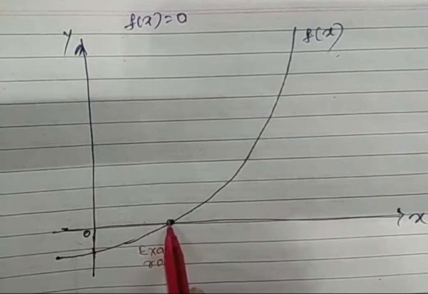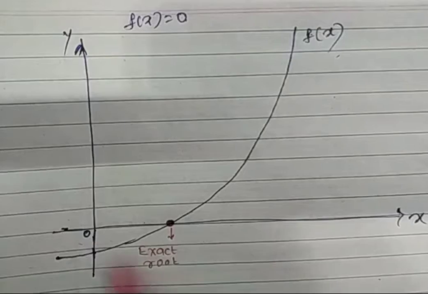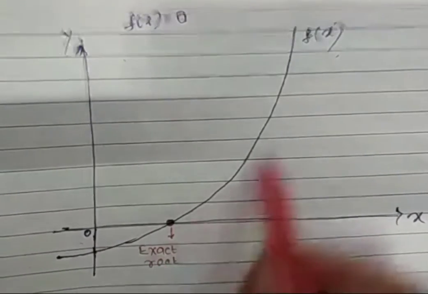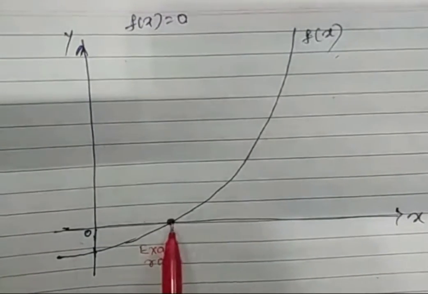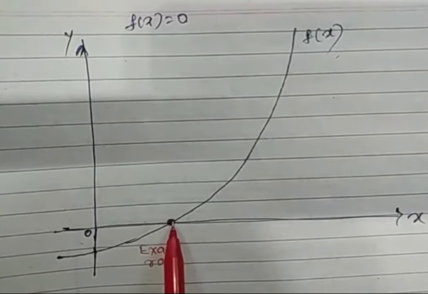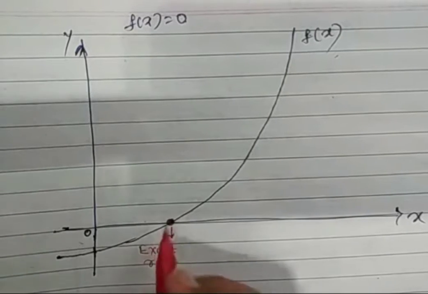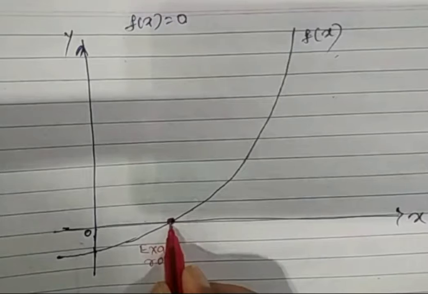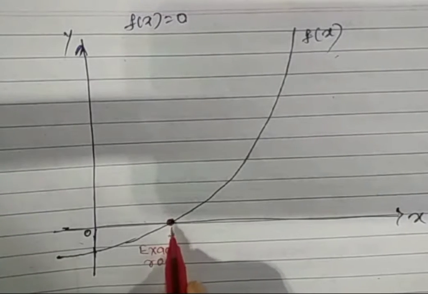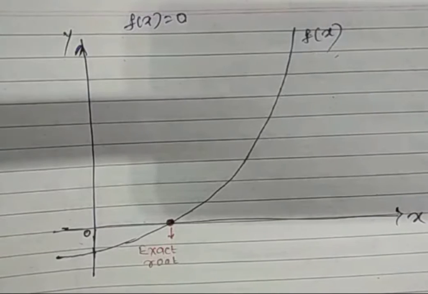So how can we reach this exact value? This is the curve f(x), and it touches the x-axis at this particular point. So this point is our required answer. How can we reach this point with the help of the Newton-Raphson method?